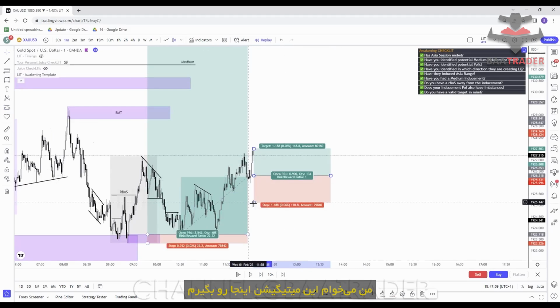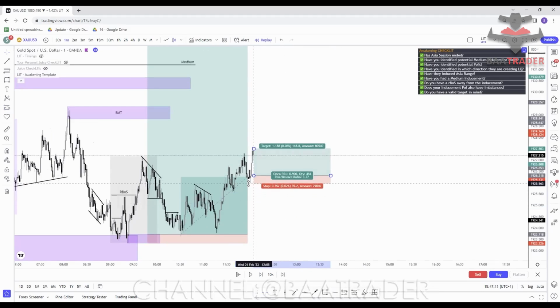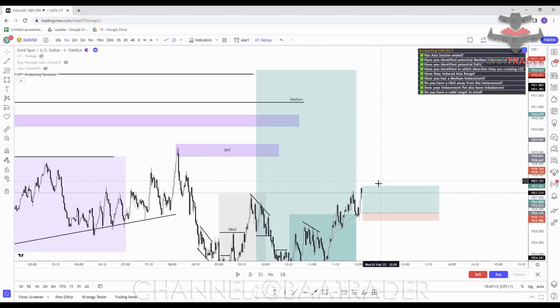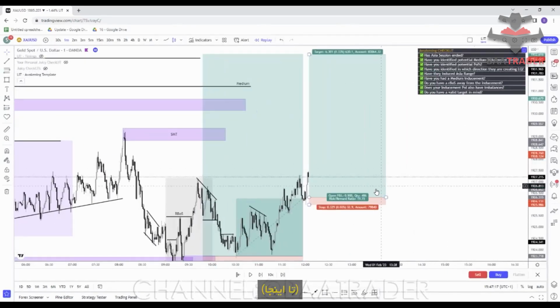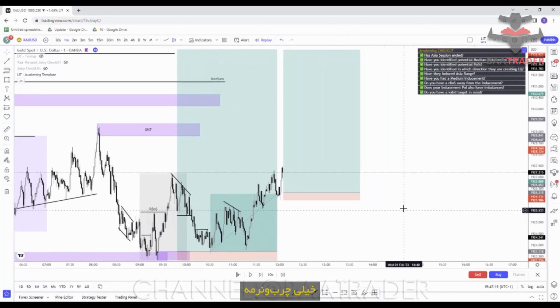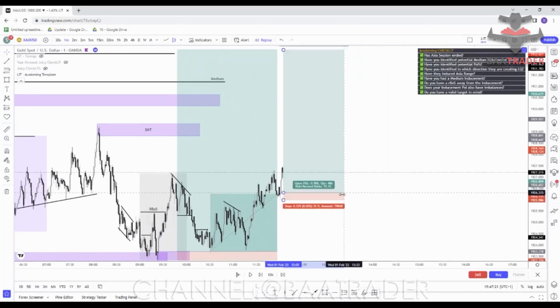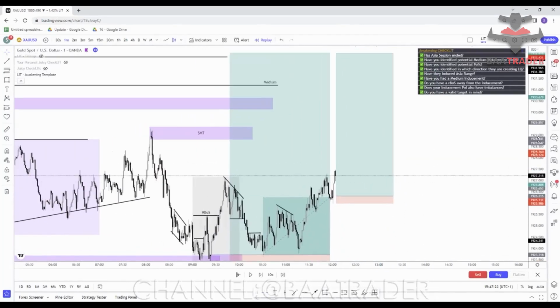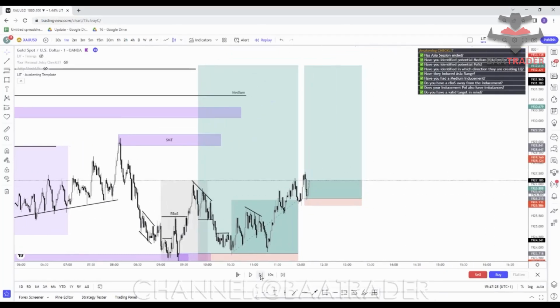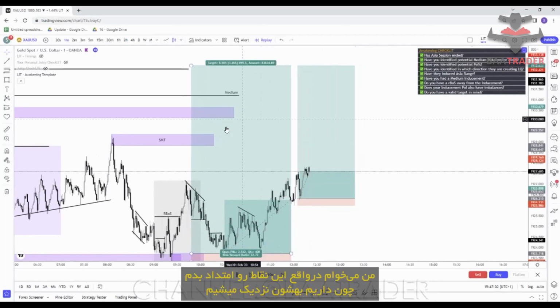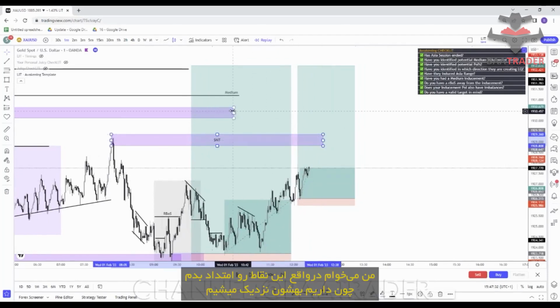Gonna take that mitigation over there. Bonus. And I will extend that target to the same point just there. You're 19-1. It's pretty juicy. Continuation trade. Perfect. Again, I'm going to extend these points out actually, so we're getting closer to them.